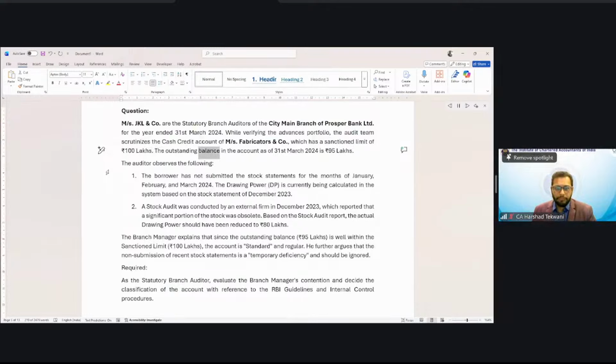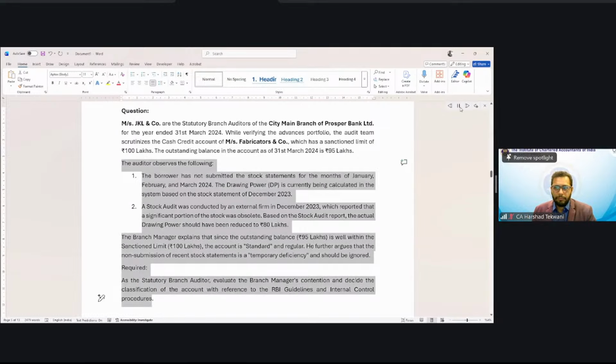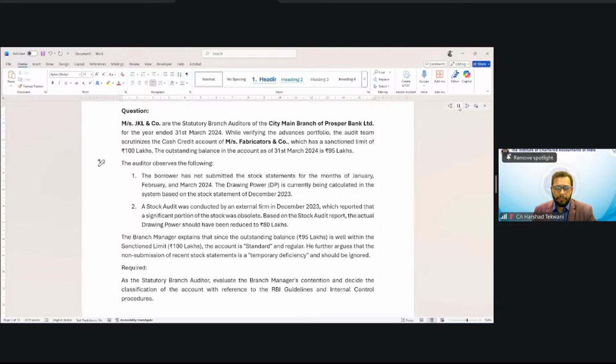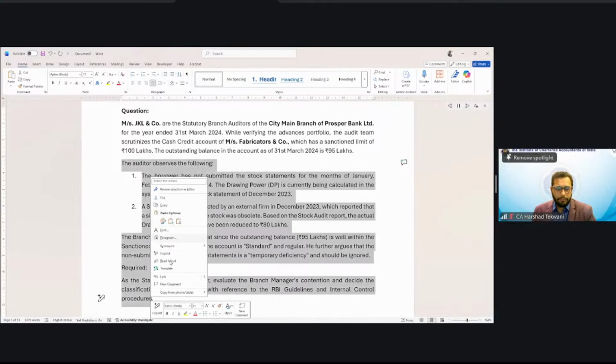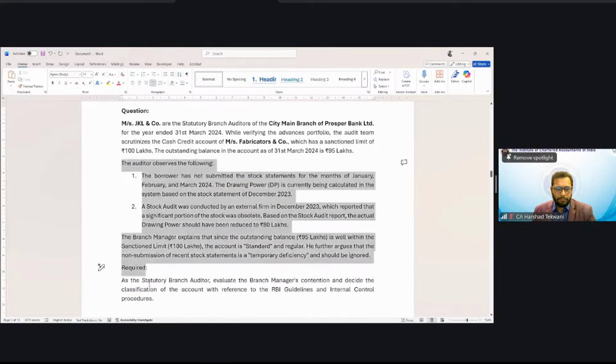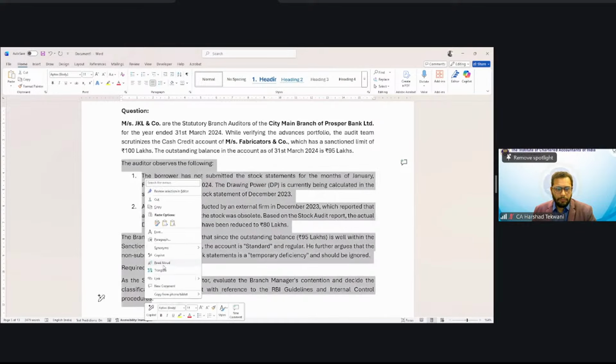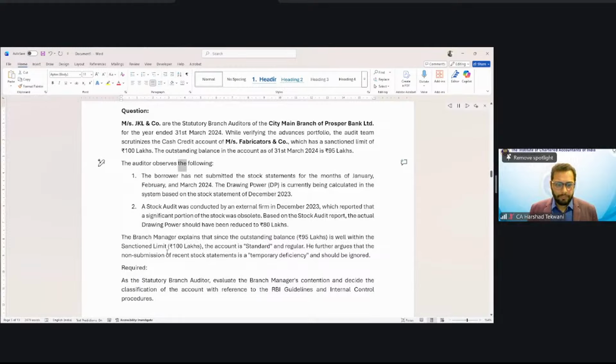The outstanding balance in the account as of 31st March 2024 is 95 lakhs rupees. The auditor observes the following.